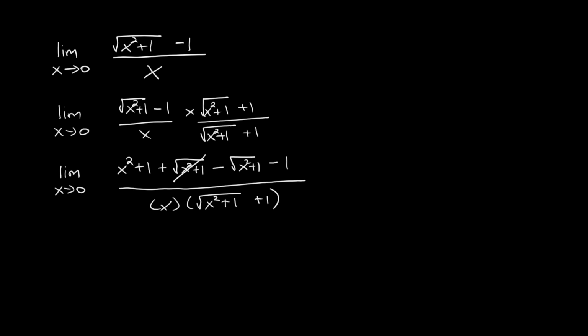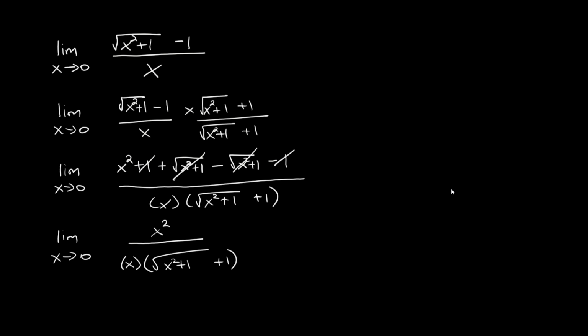Now, these two would cancel, they become 0, and these two would cancel. And so this becomes the limit as x approaches 0 of x squared divided by x multiplied by the root of x squared plus 1 plus 1.